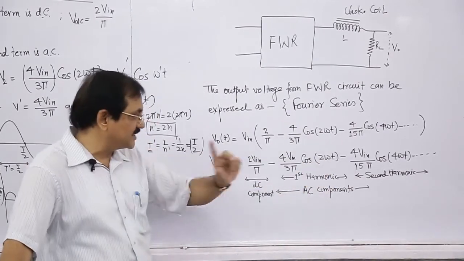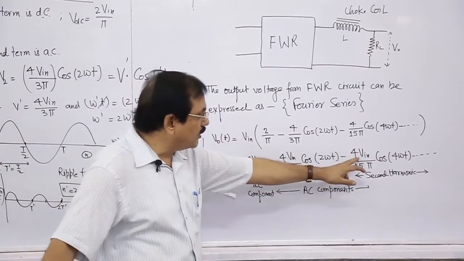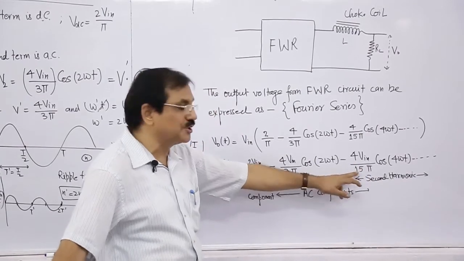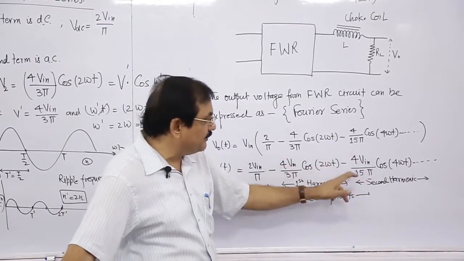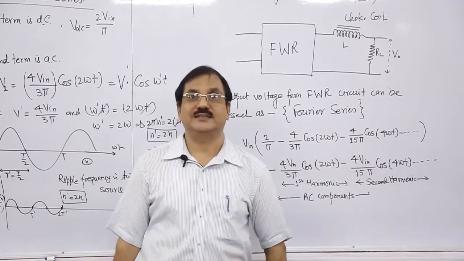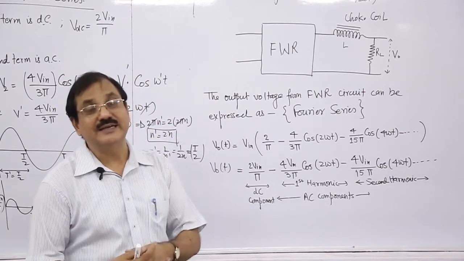This is the first term of the AC component, and then 4 Vm over 15 pi. 15 is 3 into 5, 1 by 5 is 20% of this amplitude, and here it is 4 omega t. So, this 4 omega t means the frequency is increasing.